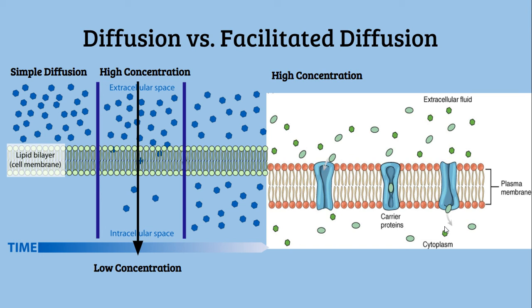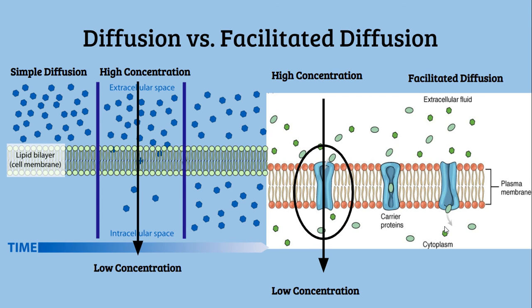In the image to the right, we see a high concentration on the outside once again, and a lower concentration on the inside. But the molecule moving requires a transport protein, specifically a carrier protein. And so this would be an example of facilitated diffusion.